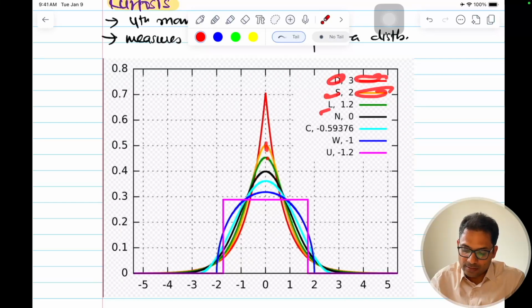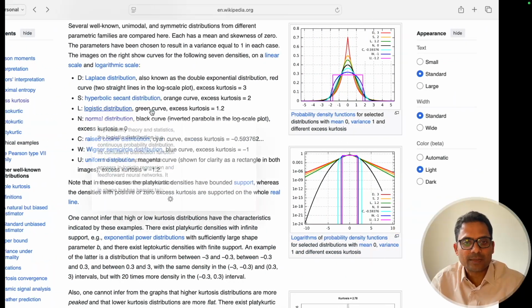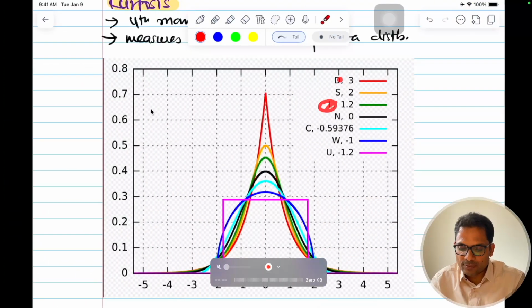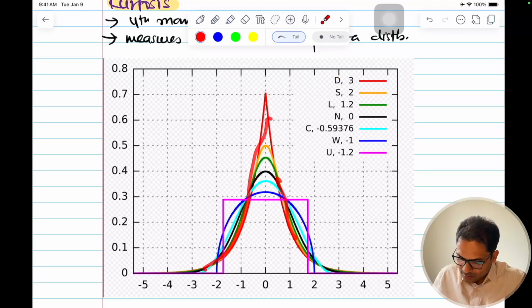D was Laplace. L was logistic. You see, Laplace is so peaked, and also you see the tails here. Just go through this, it is a very good representation of how peaked the data is. And if you see, there's a uniform distribution also.